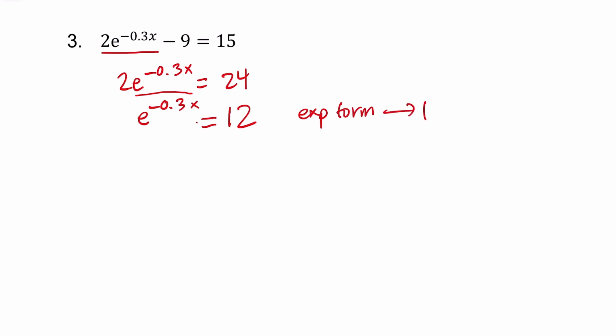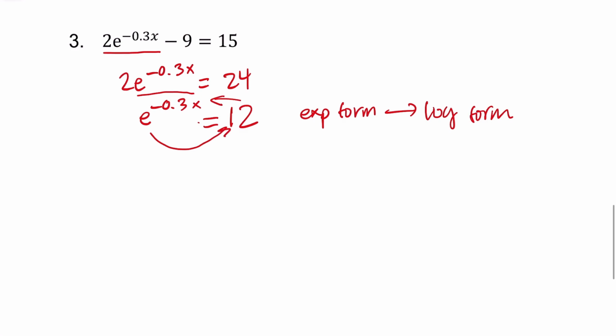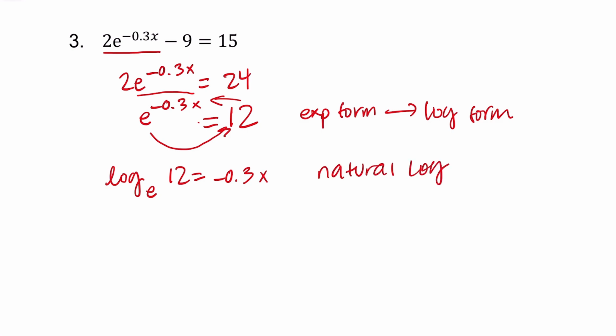Now, that is given to us in exponential form, so we are to convert this into log form. Using our definition of a logarithm, that gives us log base e of 12 equals negative 0.3x. But remember our natural log that says log base e of x equals ln of x.